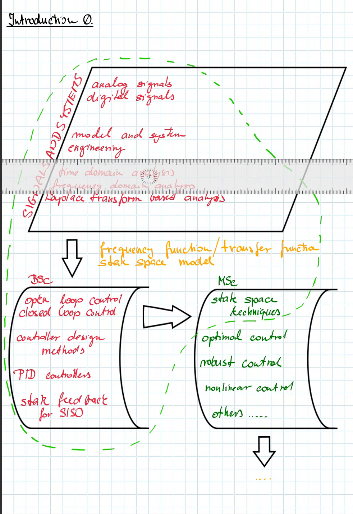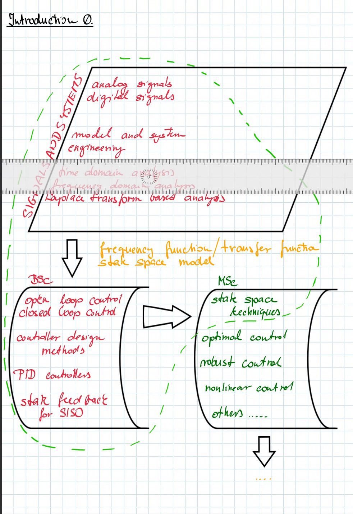The second is the modeling, the model and system, and in this material we are working with engineering problems, how to control an engineering process, an engineering plant, so we need to prepare a model for that. The model is typically an ordinary differential equation or a partial differential equation, but in this subject we mainly focus on ordinary differential equations.